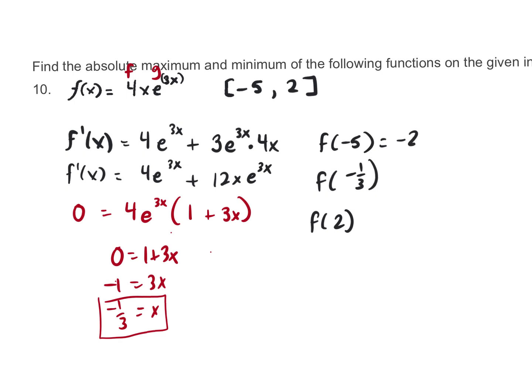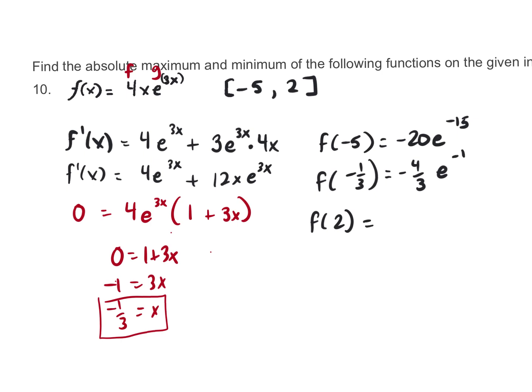So this will be negative 20 e to the negative 15. This one's going to be negative 4/3 e to the negative 1, because 1/3 times 3 is obviously just 1, and it's negative.